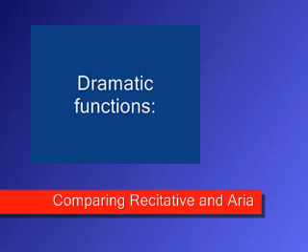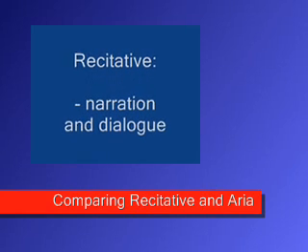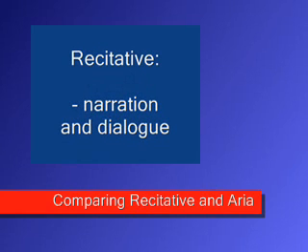Let's take a look at them. Recitative, the simple speech-like type of song, is used for the functions of narration and dialogue. Telling a story or having a conversation are very routine sorts of activities within a drama, and this very simple kind of music is normally used for those two functions.